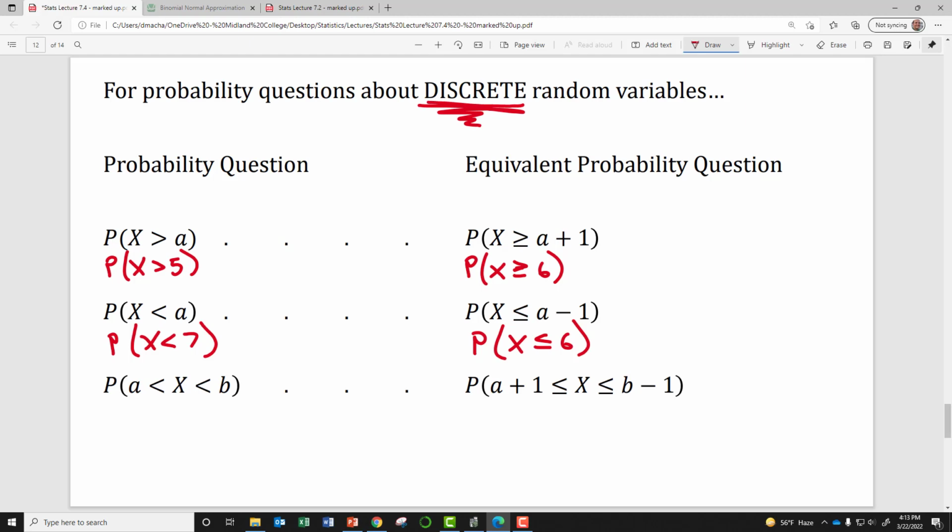And if you're asking what's the probability that x falls between 2 and 8, not inclusive, this is the same thing as asking the probability that x falls between 3 and 7 on an inclusive basis, where we include 3 and 7, right?